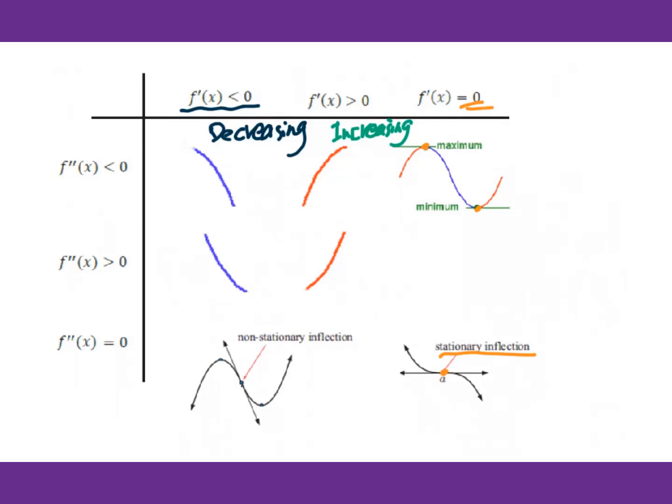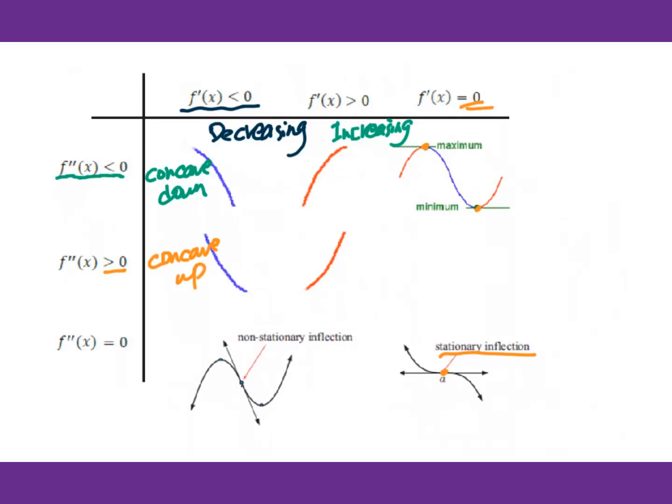When the second derivative of f of x is negative, it's concave down. When the second derivative of f of x is greater than 0, it's concave up.